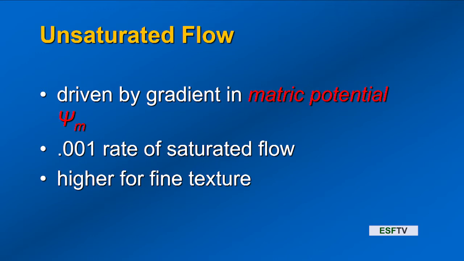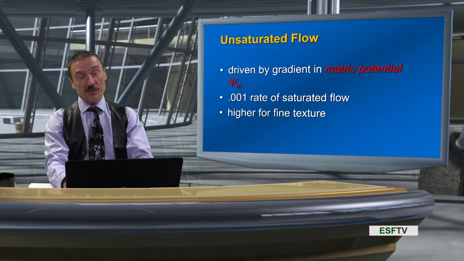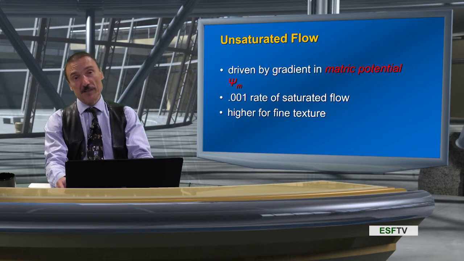If you have all sand particles, there's very little matrix force. If you have a lot of clay particles, there's a lot more holding on to water, and that sets you up with the possibility for a wider gradient. And so unsaturated flow is greater in fine textured soils. That would be the supposition, that would follow from this idea of water movement in response to a gradient.